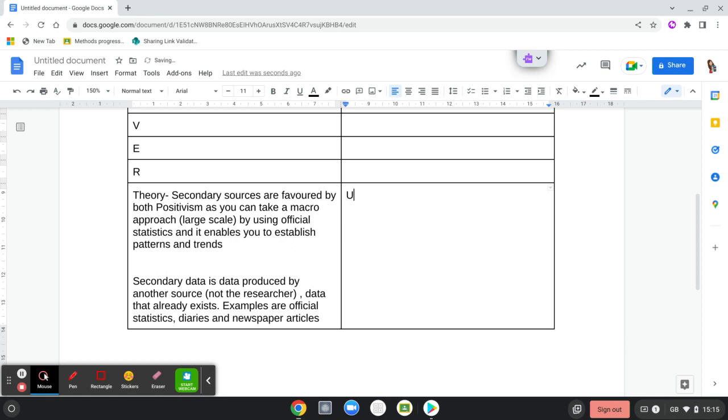It's also used by interpretivists. So I might phrase it so it references the question.